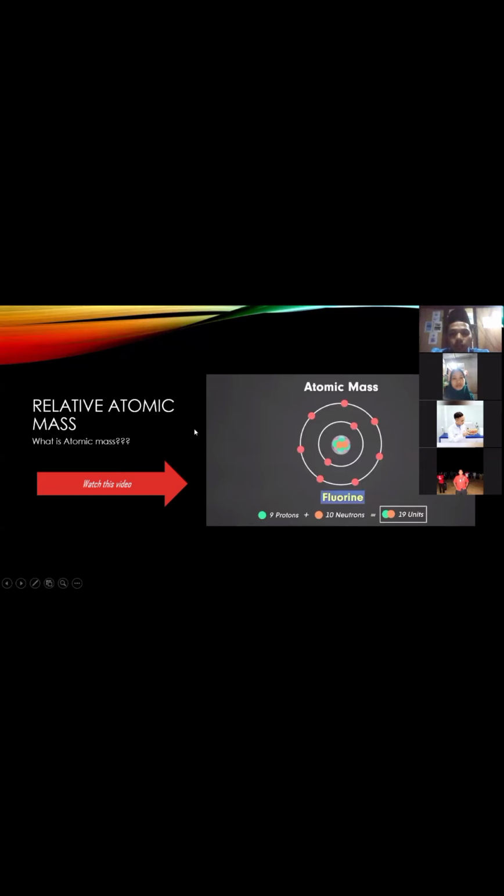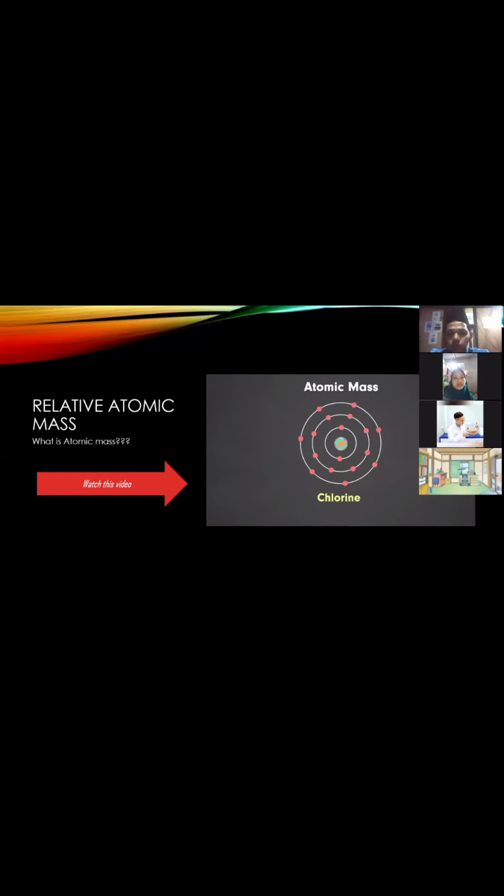That's right. Just like fluorine, even aluminium has an extra neutron compared to the number of protons. In a single atom of aluminium, we have 13 protons and 14 neutrons. Summing up the two, we get 27 units, which is the atomic mass of aluminium. Now let's take another example, chlorine.